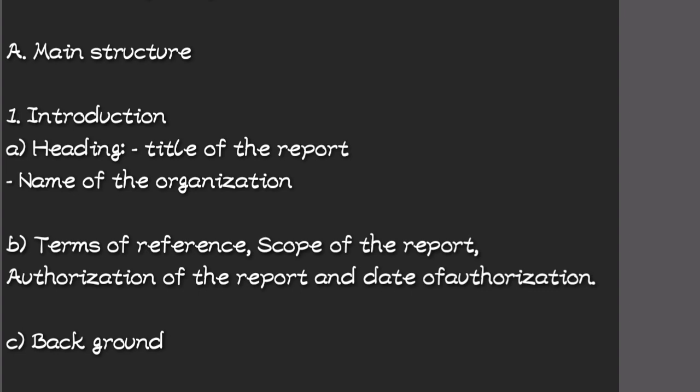Then it also has the background of the topic of study, then the procedure or the methodology that has been used. So that is the introduction: heading, terms of reference, background, and then procedure or methodology.